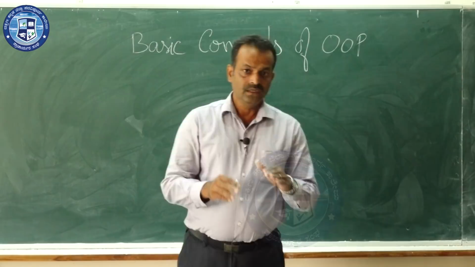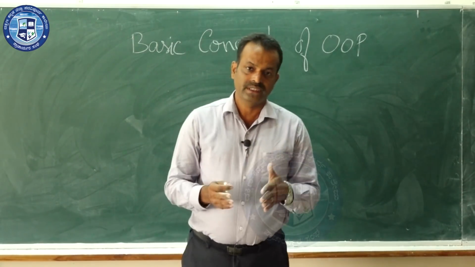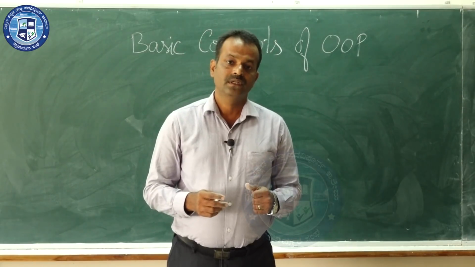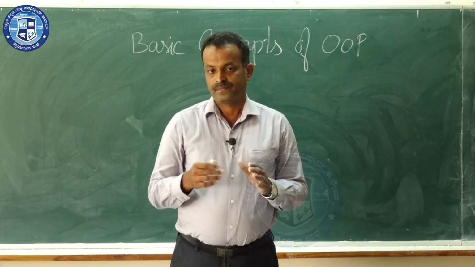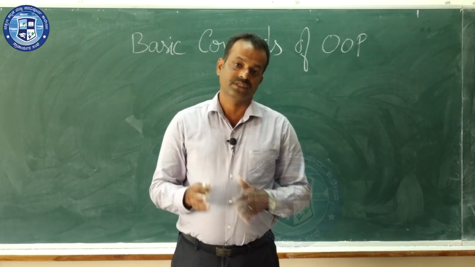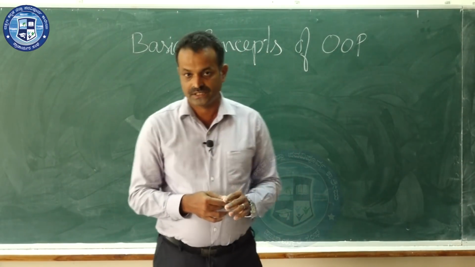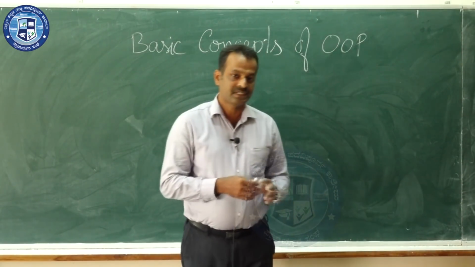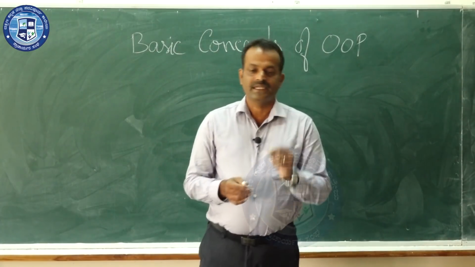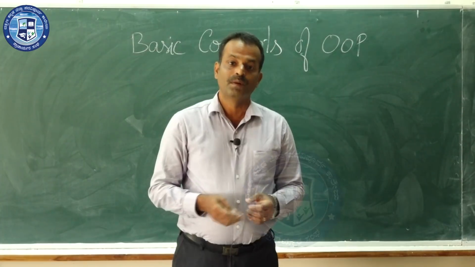Next point that we need to understand is data abstraction. The object-oriented programming languages or object-oriented programs support data abstraction. What do you mean by abstraction? I'll give the example. For example, we all are familiar with mobiles.